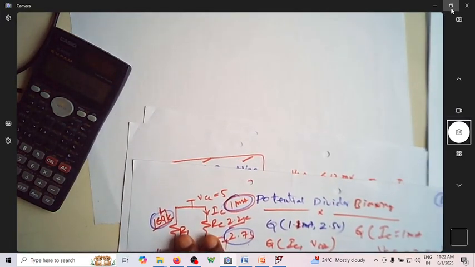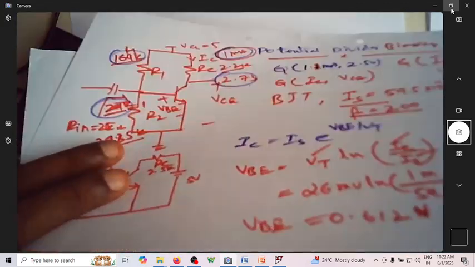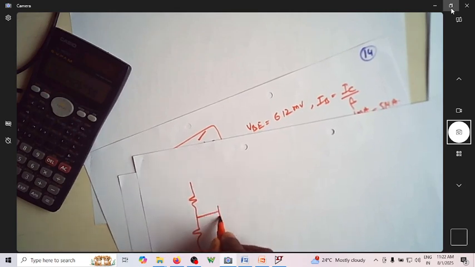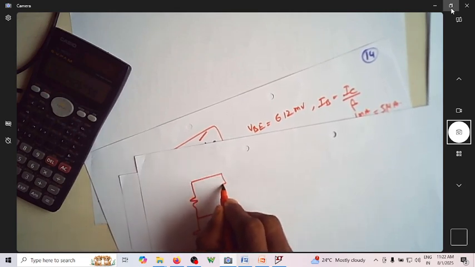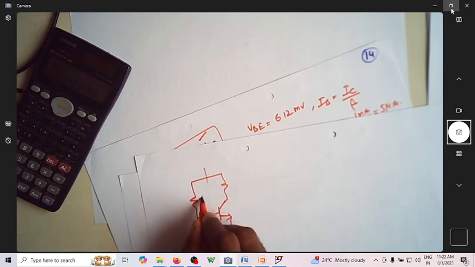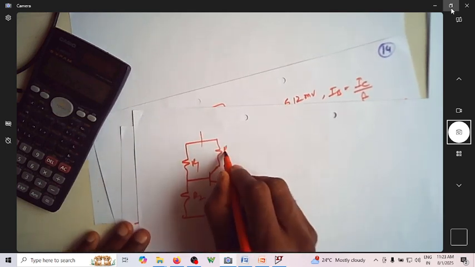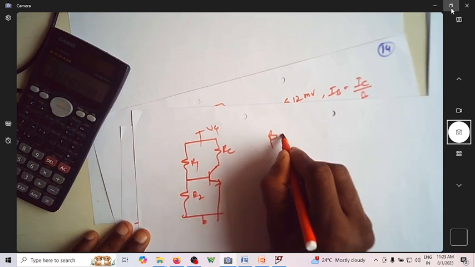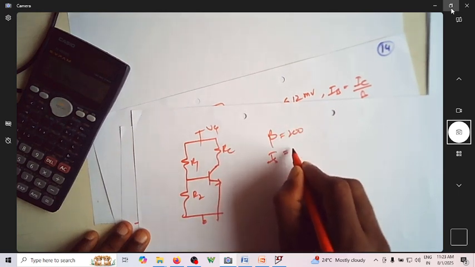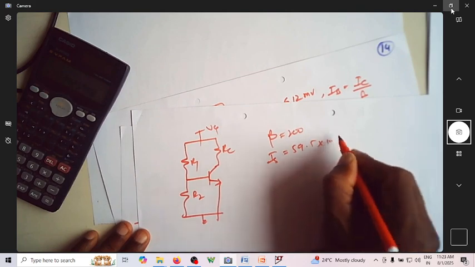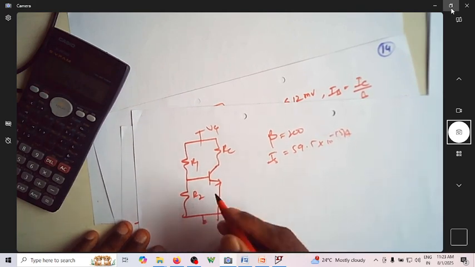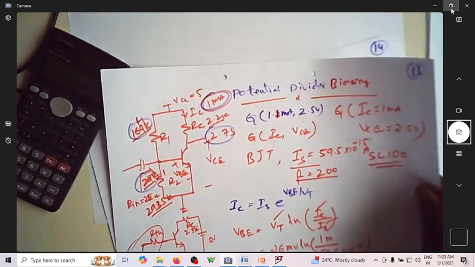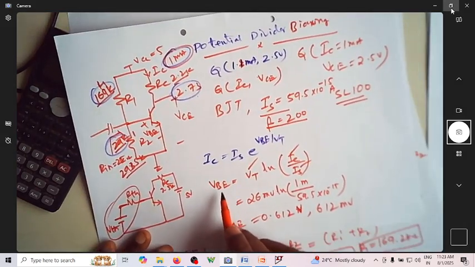We started with using this potential divider for my biasing circuit, which is R1, R2, this is RC, you have a VCC, and this. You started with a model parameter of beta equal to 200 and IS was 59.5 times 10 power minus 15 ampere.